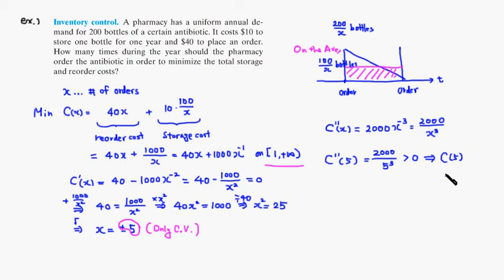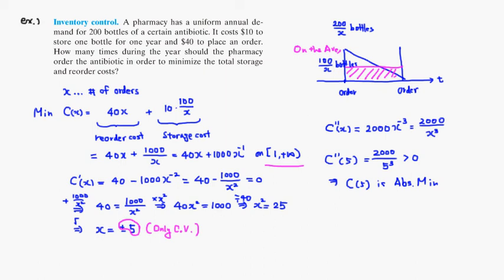So this tells you that C of 5 is the absolute minimum, which is what we're looking for because we're trying to minimize it.